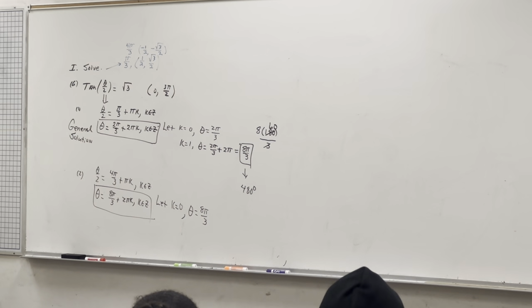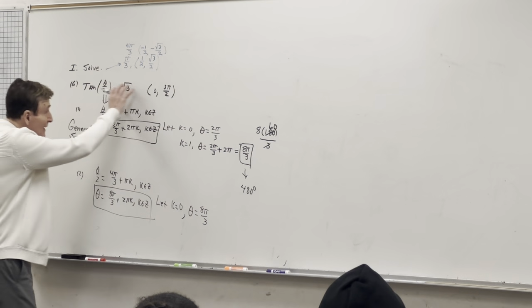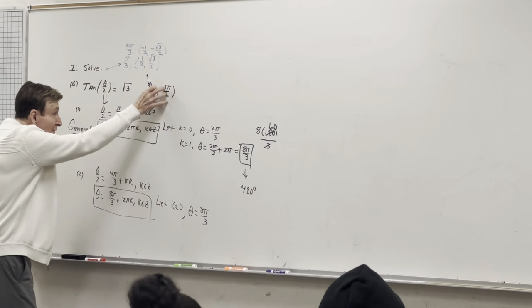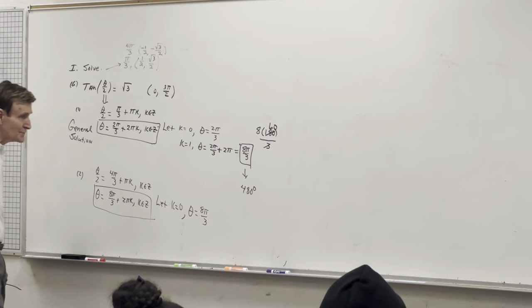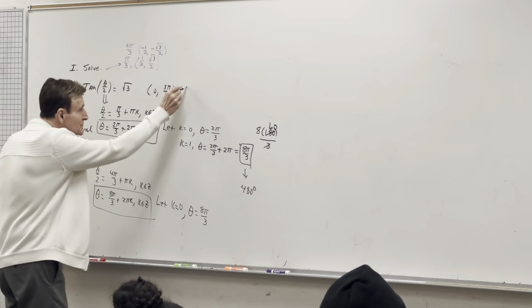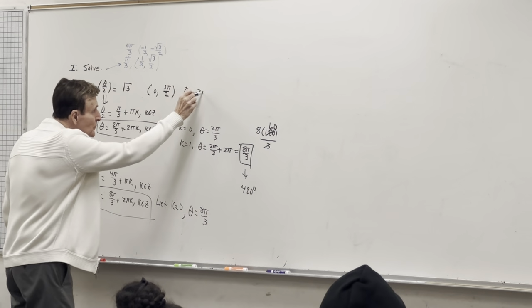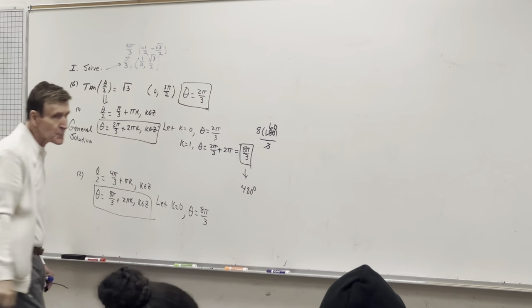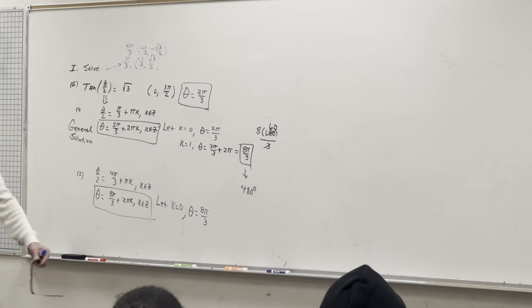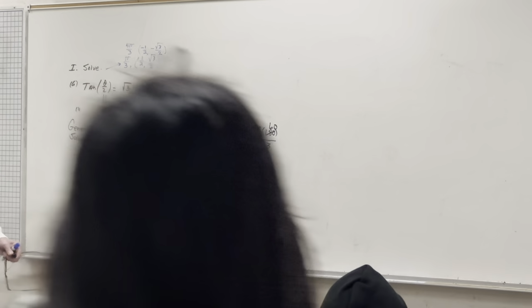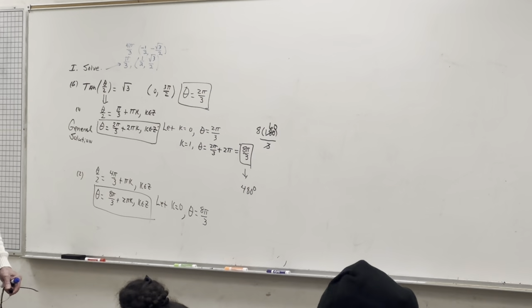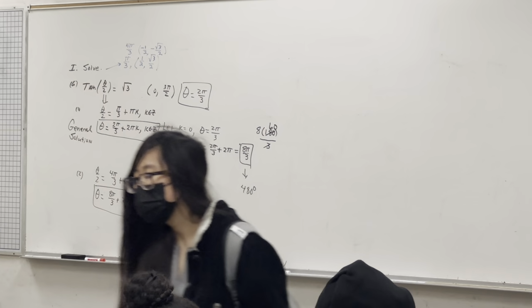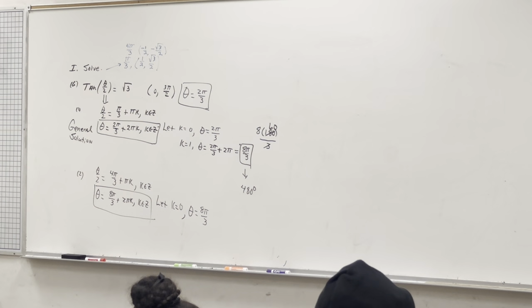So after all that, what's the answer they want for this equation in this interval? 2 pi over 3. That's the only answer. Are there other answers? There are an infinite number of answers, but that's the only one that fits caught between 0 and 3 pi over 2. You guys agree? Or not?